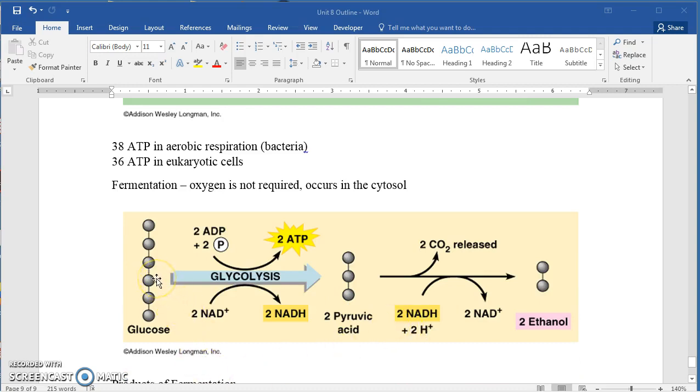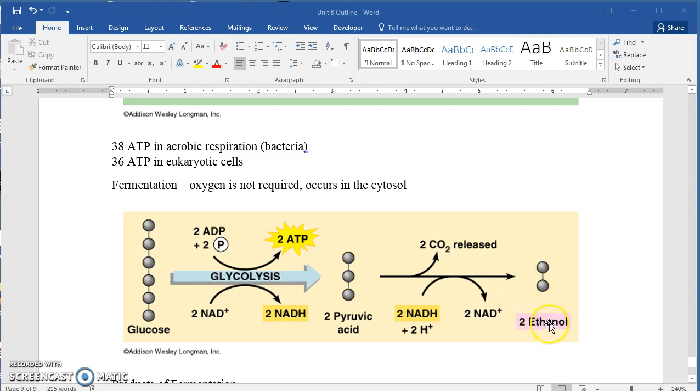The glucose molecule is broken down in glycolysis, same as the beginning for aerobic respiration. 2 ATPs are produced, a couple of NADHs, a couple of pyruvic acids, or pyruvates, and those continue in the regular fermentation reactions, and there are different fermentation reactions. In some fermentation reactions, carbon dioxide will be produced, and you're going to get some kind of an organic product that still has energy to it.